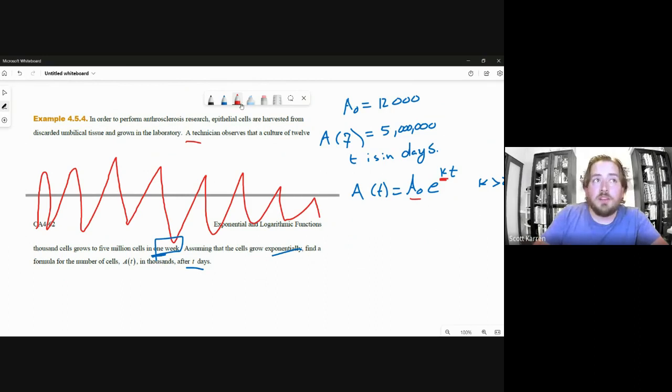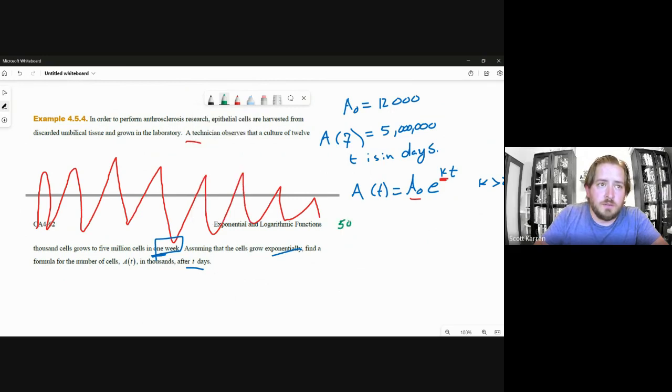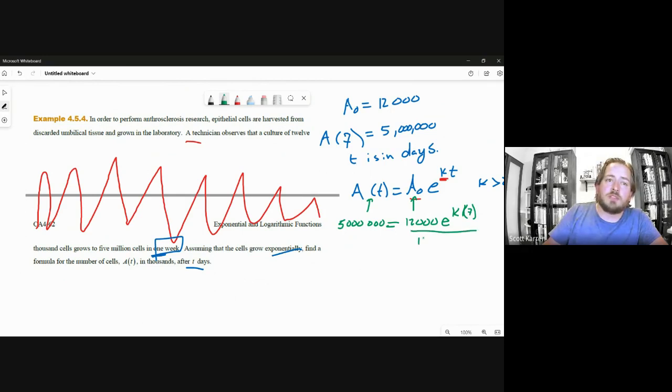So I'm going to plug in what I know here: 5 million for A of t equals 12,000 for A naught e to the k, and time was 7, so times 7. Okay. So the first thing I'll do is divide each side by 12,000.